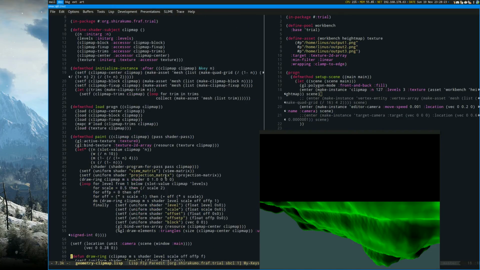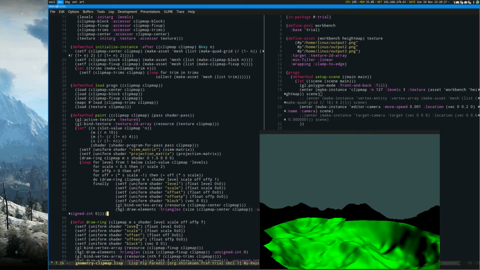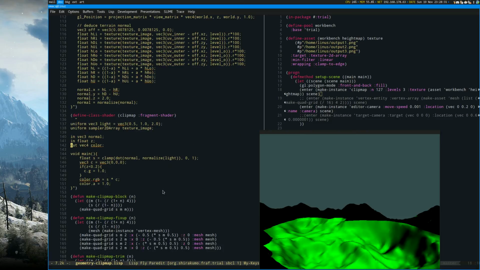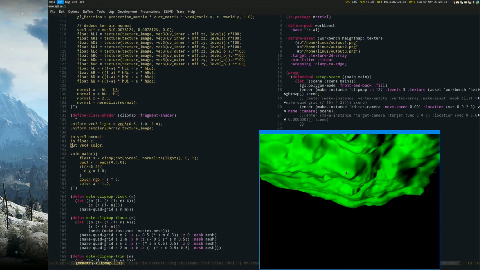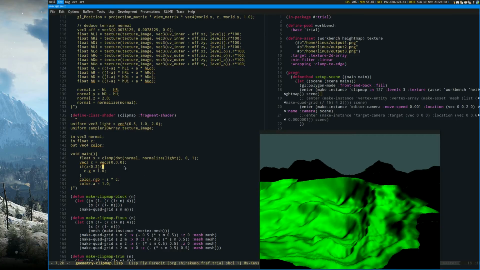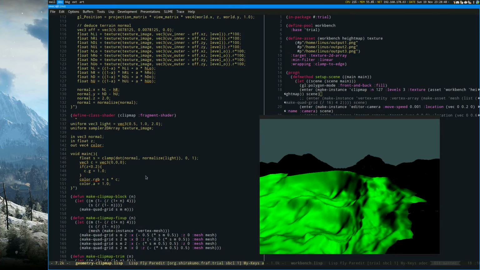Where did I have the thing where I set the thing? There we go. Okay. Probably want to actually blend that or something. What I want to do is have snowy mountaintops and green hills or some shit. So I'll just fiddle around trying to find a thing here.